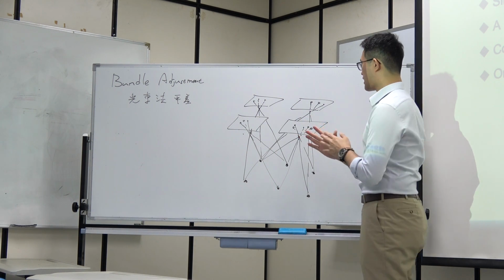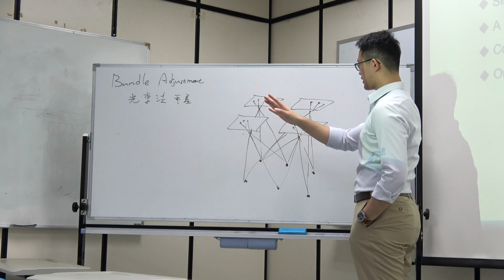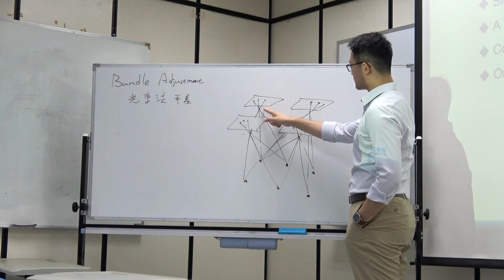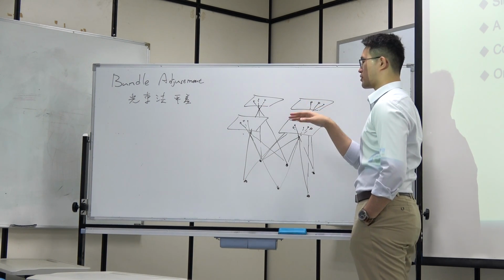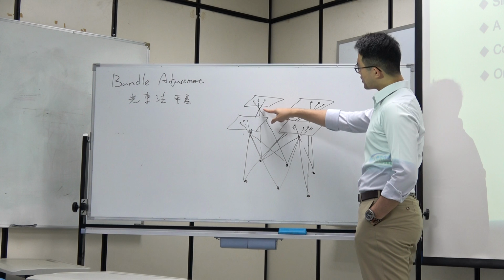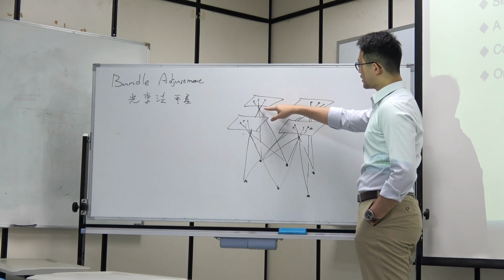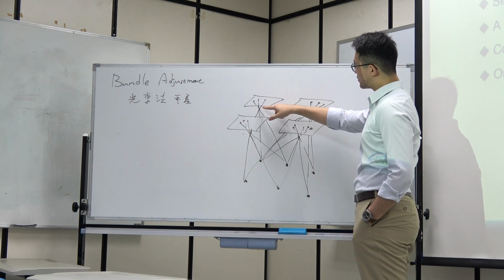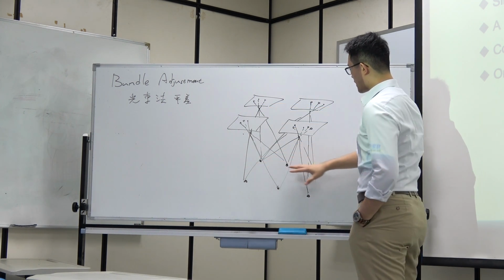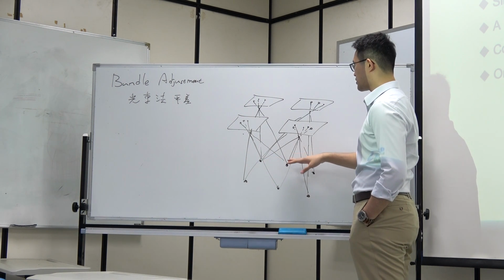This part is important. Let's break it down to each individual unknown. If I want to know the EOP for this image, then I need control points. You guys know it. As you can see, we have a lot of object space coordinates over here, feature points over here.